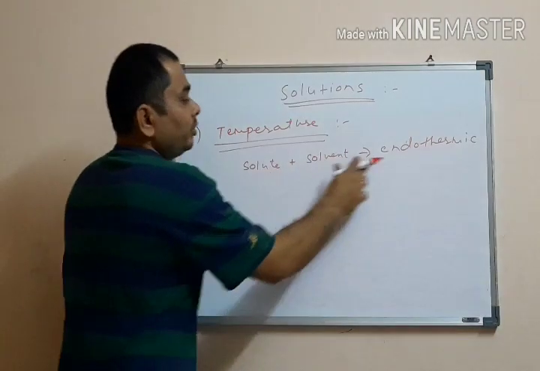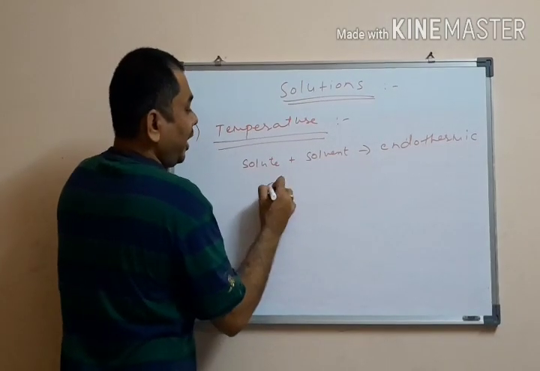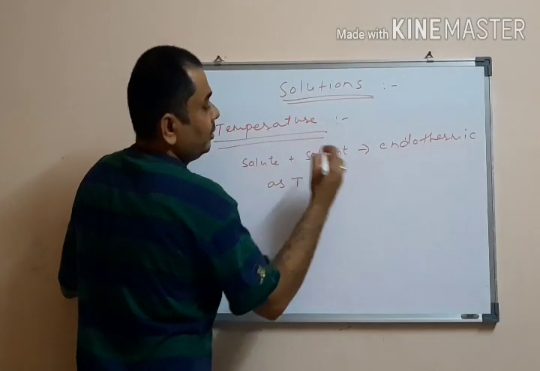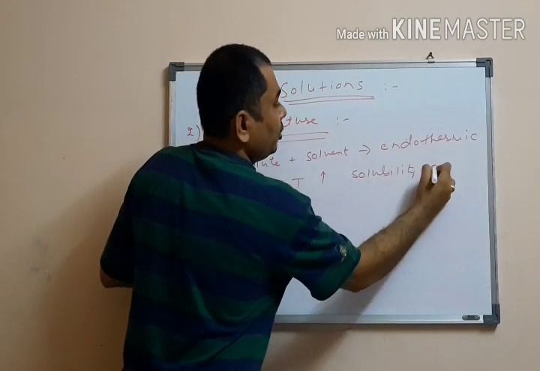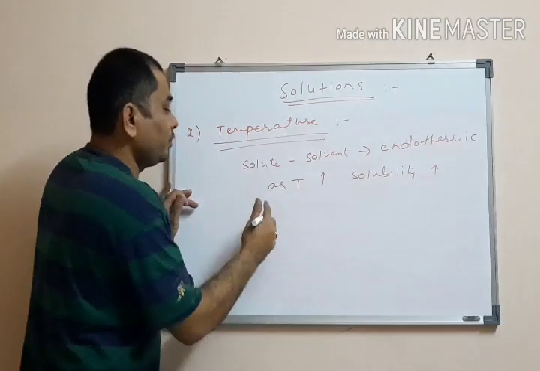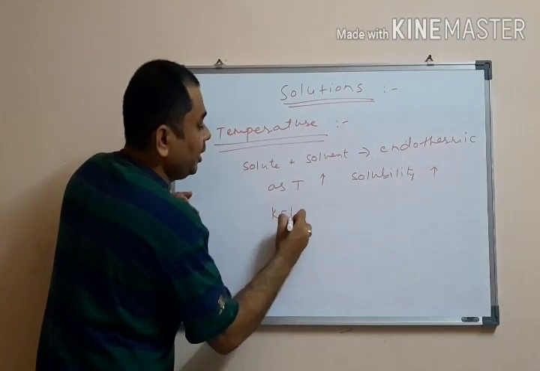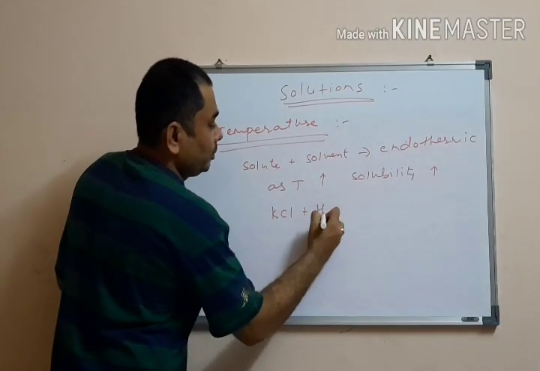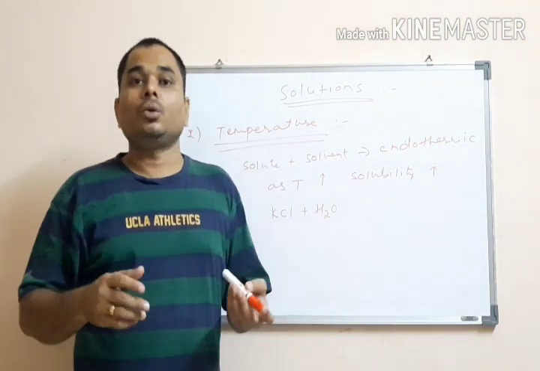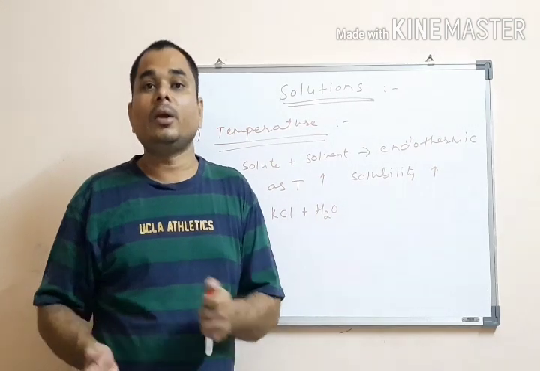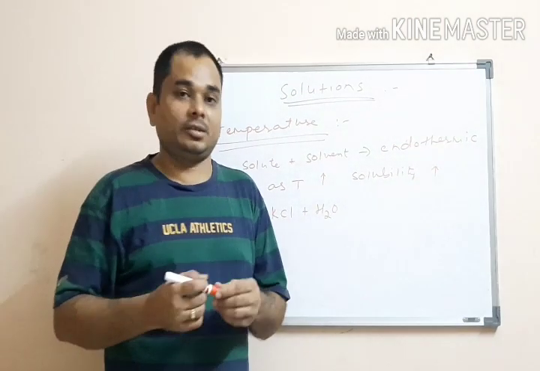So if the process is endothermic, then as temperature increases, solubility also increases. An example of this is dissolution of KCl into water. Dissolution of KCl into water is an endothermic process. So if the temperature increases, the solubility of KCl in water also increases.